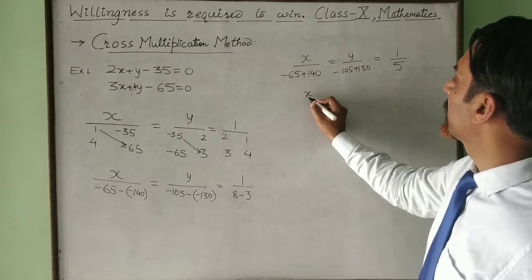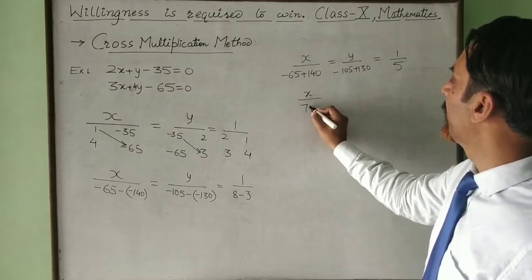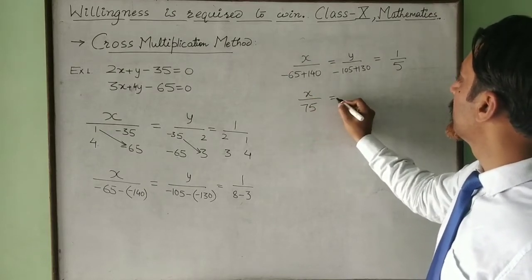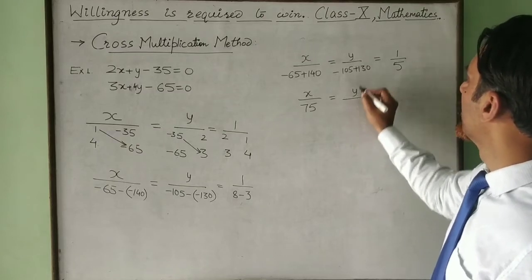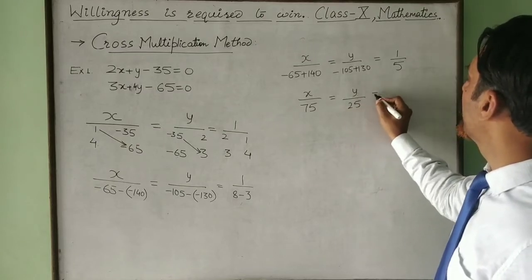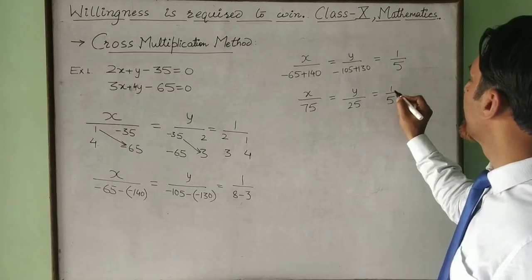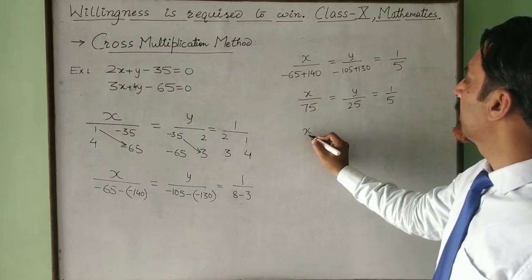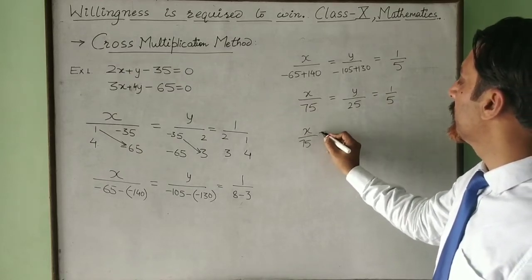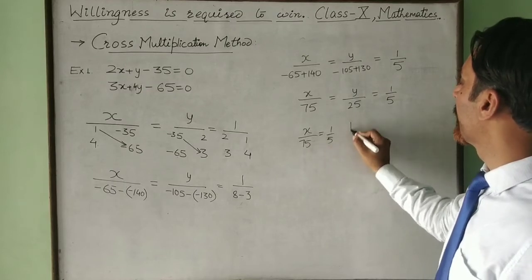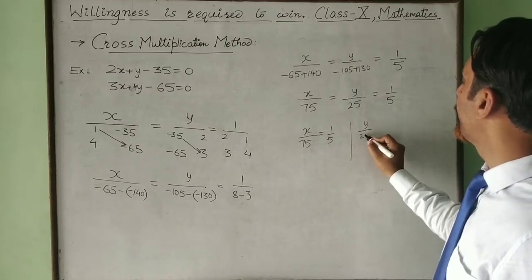So from here x upon 75 is equal to y upon 25, and this is 1 upon 5. So x upon 75 is equal to 1 upon 5 and y upon 25 is equal to 1 upon 5.